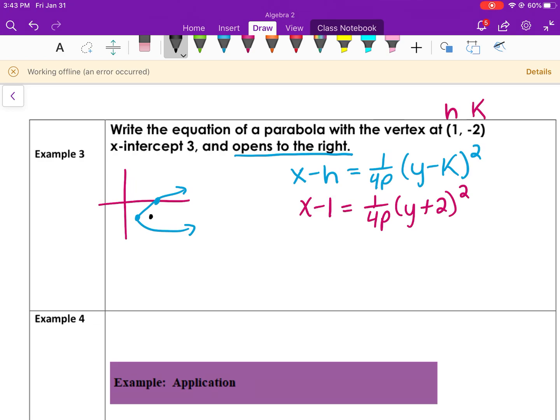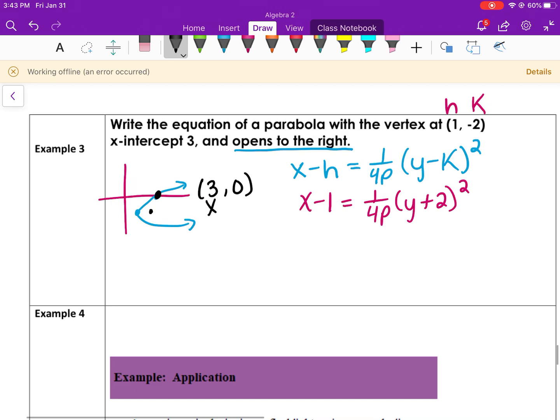The only other piece of information that I gave you was the x-intercept. Well, that's the point (3, 0), which means that's an ordered pair x, y. So I can plug x and y into my equation over here and solve for p. So x is 3, and then 1 over 4p, and then plug in 0 for y.